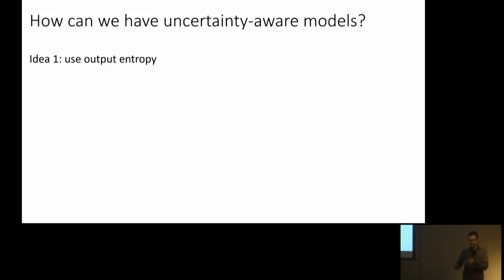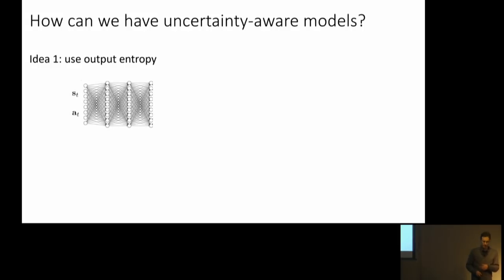Most models you use already output some estimate of their distribution. So if you have, let's say, a model that takes in the state and action and predicts p(s_{t+1} | s_t, a_t), well, you have to represent this thing somehow. If your state is discrete, maybe you have a big softmax over all possible next states. That's of course defining a categorical distribution, and you can directly calculate the entropy of that categorical distribution.